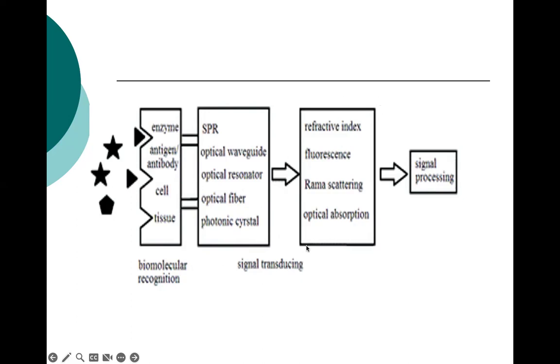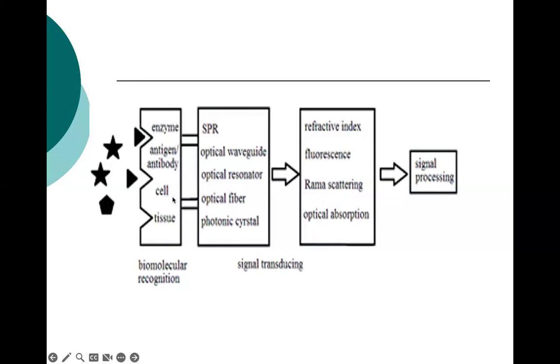And as I mentioned, optical sensors use signals like refractive index, absorbance, fluorescence. There is also Raman scattering. So these are characteristics of light that we can play around with to get information for the analytes based on the interaction of these analytes and the receptors.